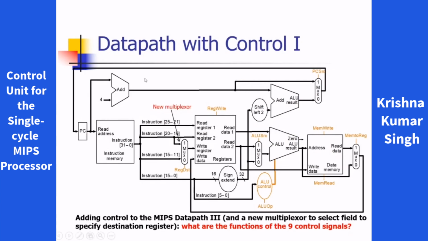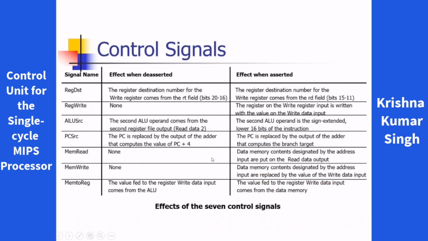You can check it. If it is 1, then the data is coming from the memory, so the data that will be saved inside one of the registers comes from the memory. And if it is 0, the ALU result will be stored in one of the registers.